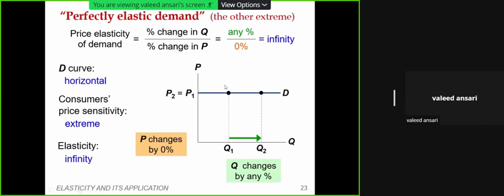These vertical and horizontal cases are extreme cases, but the horizontal demand curve is used in perfect competition to explain that when the firm does not have any control over the price, it can sell any quantity it wants at this price. So I have explained certain extreme cases, but if you are given different types of curves and asked how to label them, elastic, inelastic, unitary elastic, or perfect, one should know these possibilities as well.